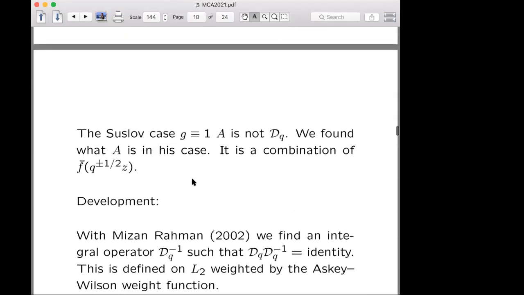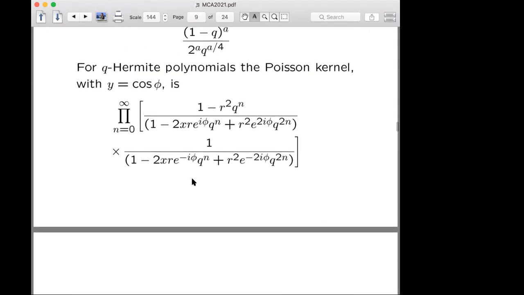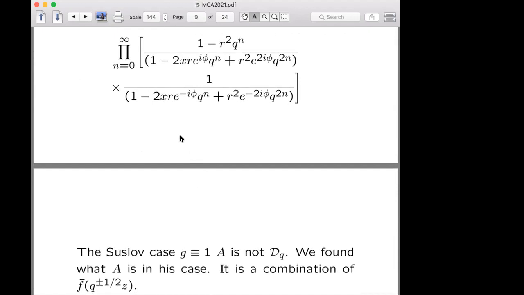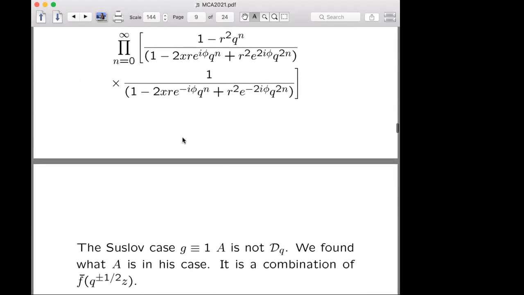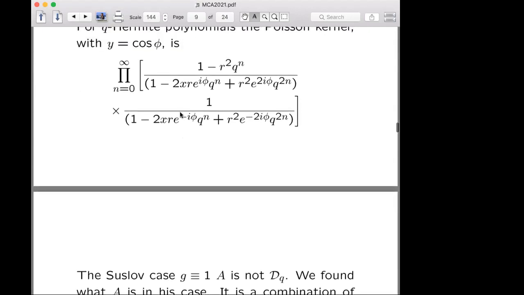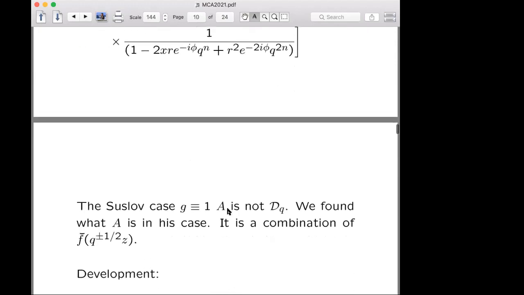And after I write it down, it works. It's a semigroup. You can prove it's a semigroup, and you can prove that for this choice, the operator A that lowers the degree is D_q.